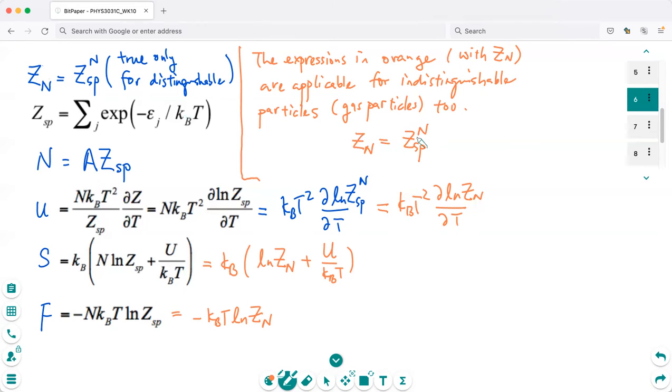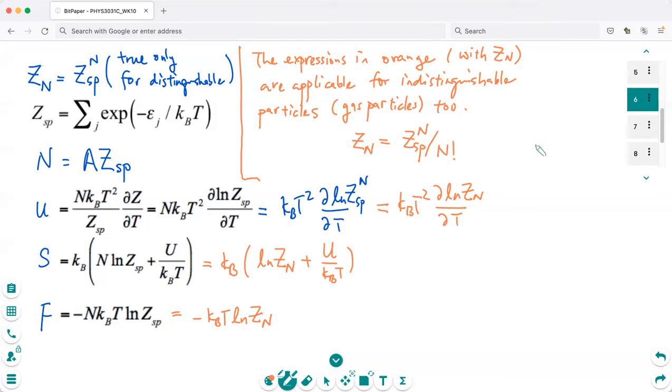If you stop here, yes, you haven't developed anything new. And worse, you will get some very strange results. For example, your entropy will suddenly become not extensive. You cannot add entropy anymore. So to rescue the situation, you need to treat it properly. And after you do it properly, you will find that this is the correct expression. You have to divide by n factorial. This is a key.